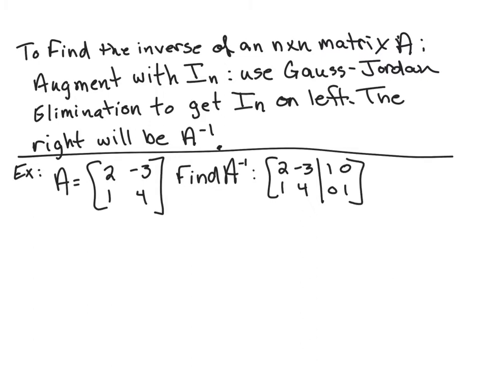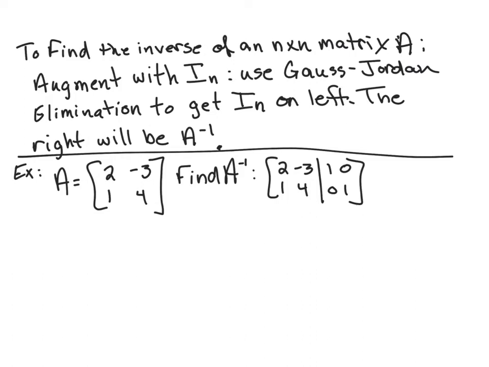Now, first thing I want to do is get a 0. All of the problems we've done before have been lower echelon. In other words, we get the zeros in the first column, second row. But we can also get the first 0 in the row 1 in the second column, as long as we don't get a 0 on the diagonal.